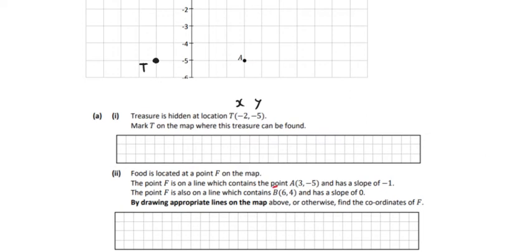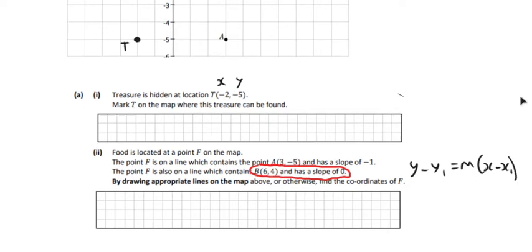The line goes through 6, 4 and has a slope of 0. If it has a slope of 0, it just means that it's going to be a horizontal flat line. If you put it into the formula y minus y1 equals m by x minus x1, you get y minus 4 is equal to 0 times x minus 6.